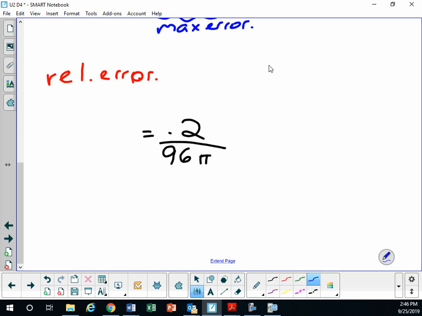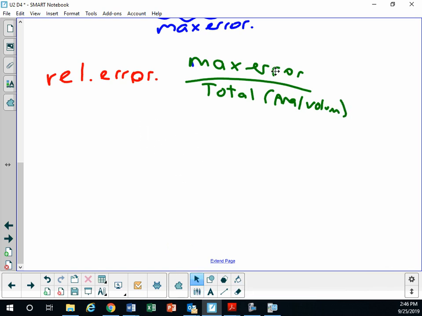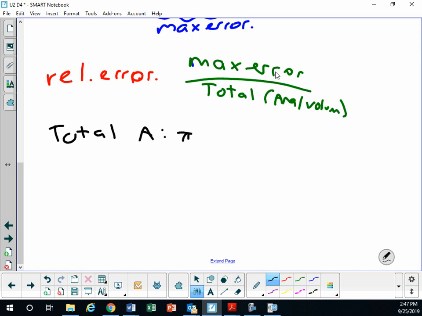That is totally wrong. Relative error is the max error over the total of whatever you're talking about. Area, volume, etc. The total area for this problem would be pi times r squared. Total area, pi r squared.